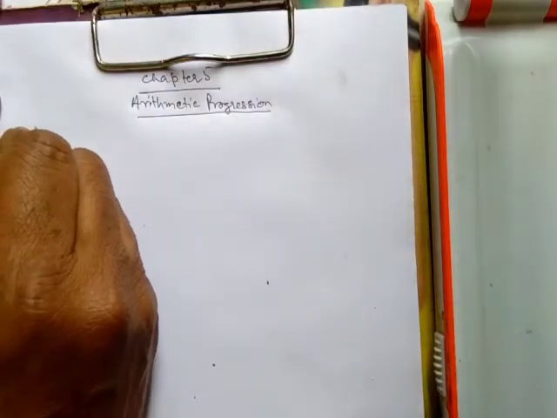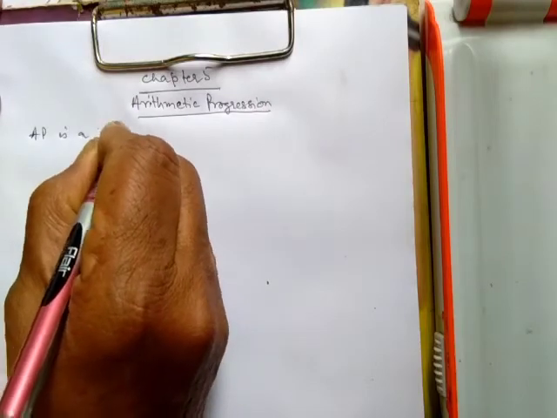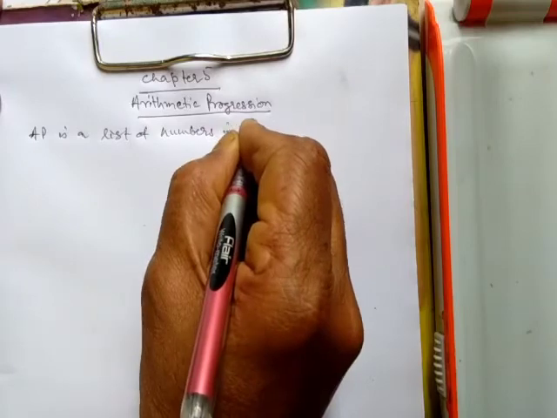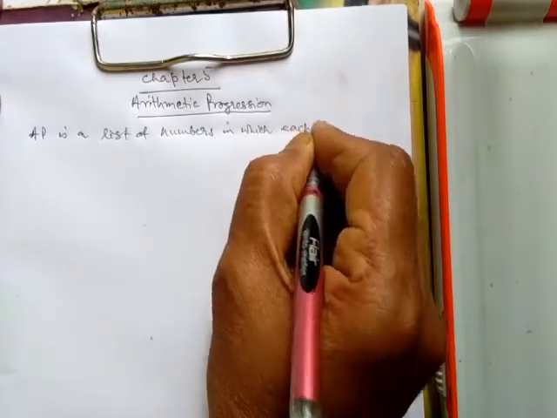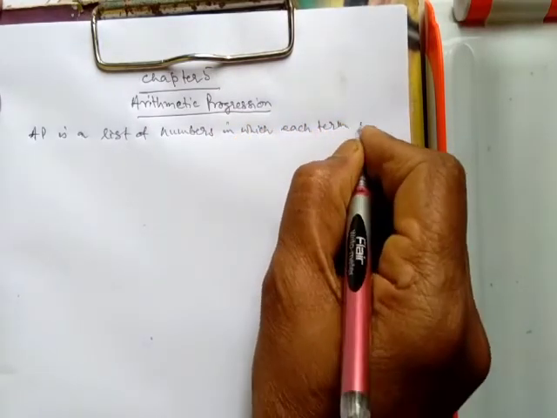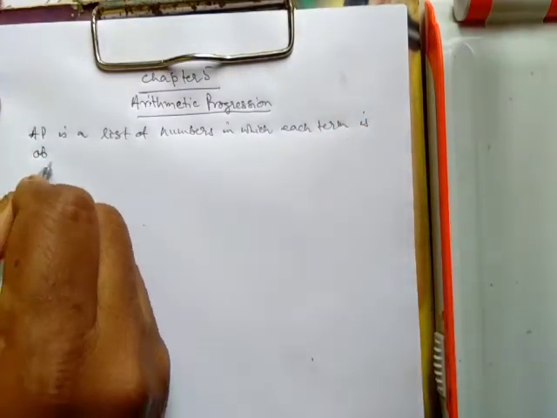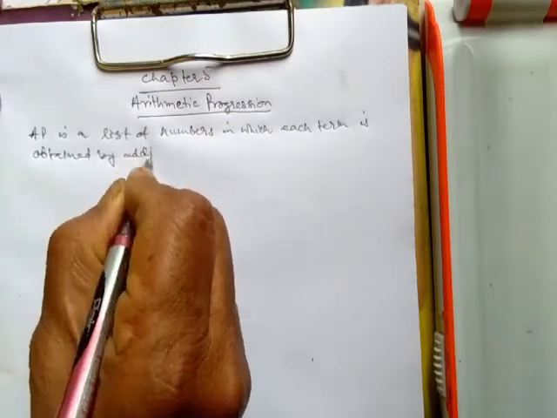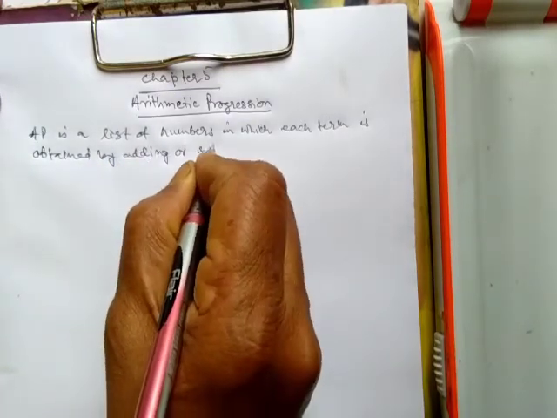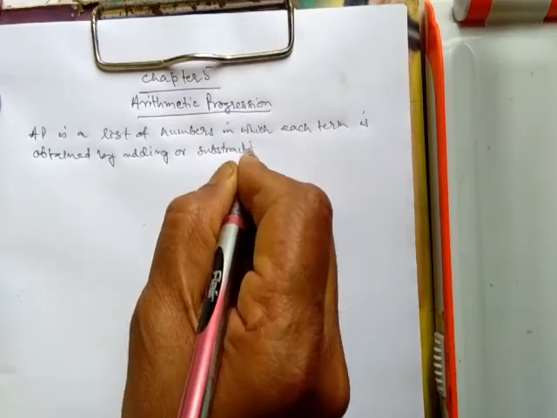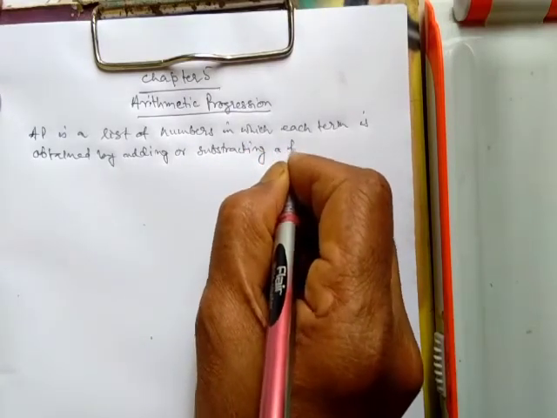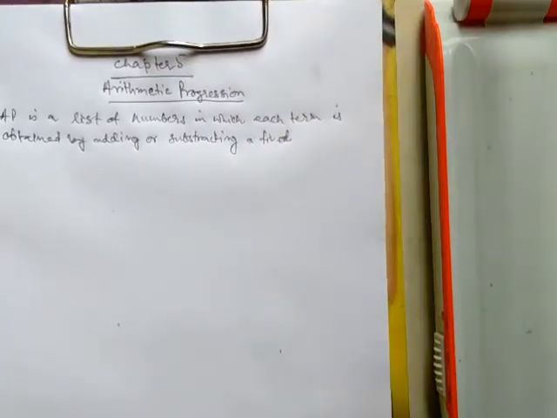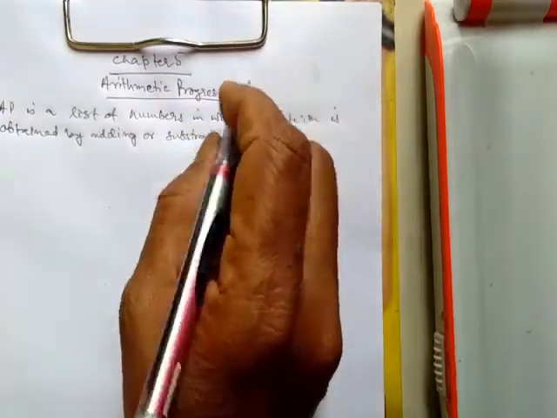So what is it? AP is a list of numbers in which each term is obtained by adding or subtracting a fixed number.